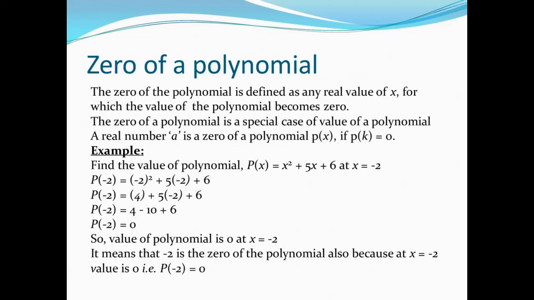Let us suppose we have one polynomial in the given example x square plus 5x plus 6 and x is equal to minus 2. So when we replace x equals minus 2, we get p of minus 2 equals 0. That is, value of polynomial is 0 at x equals minus 2. It means that minus 2 is the zero of the polynomial.